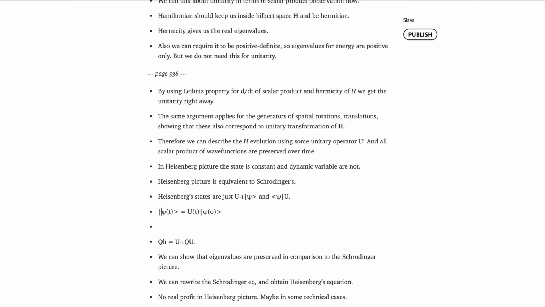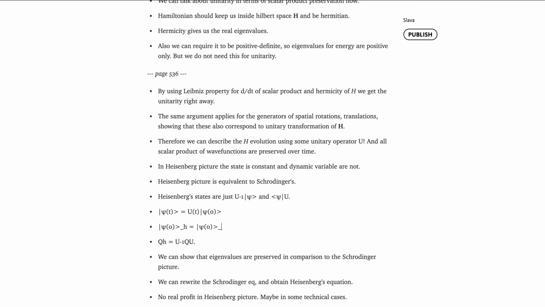And in the case of the Heisenberg state, then instead of just having psi 0 here, to obtain it without changing the state, at time t you need to have the same psi 0 in terms of the Heisenberg form.